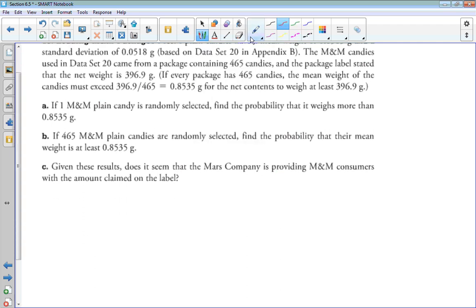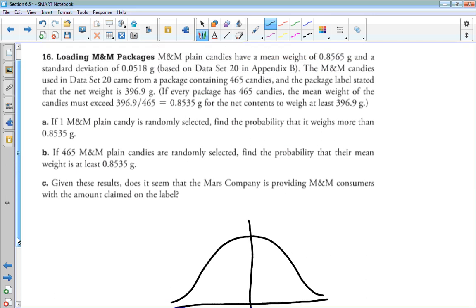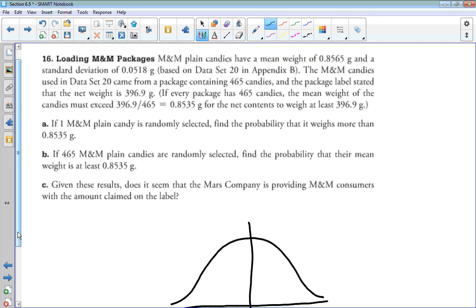Again, we're going to start with that picture. So here we have that plain candies have a mean of 0.8565 grams and a standard deviation of 0.0518.